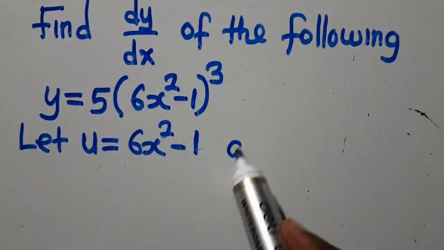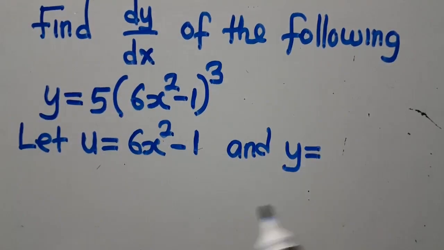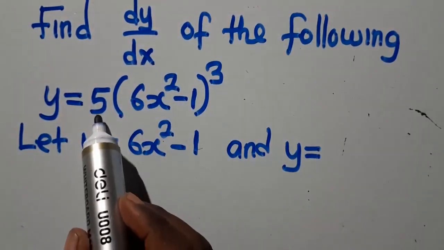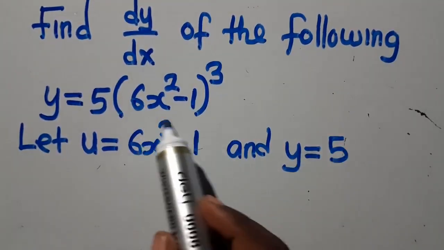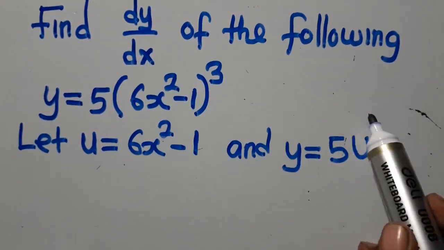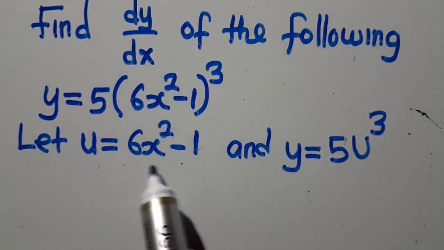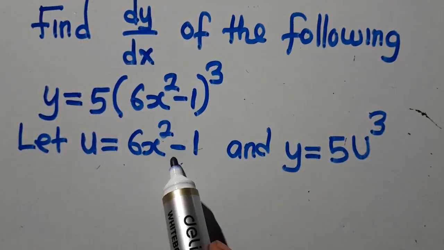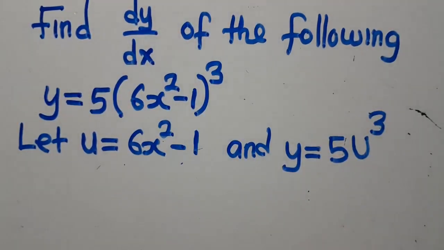And y is now equal to 5, here we've got a number, so let us not forget that number 5, then u power 3. What is in the brackets there is u.